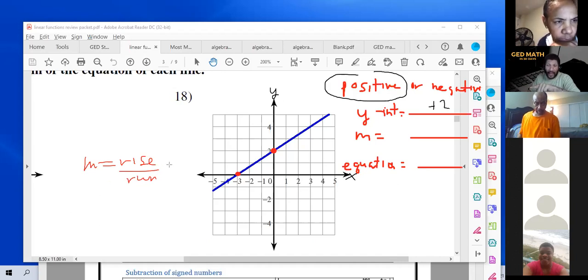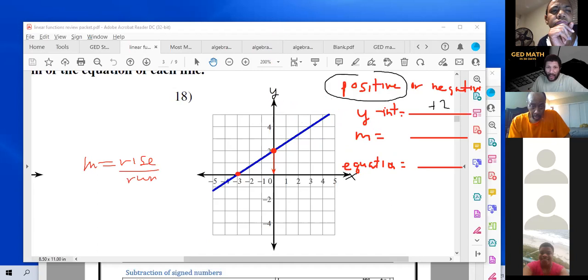So you're going to do the rise first. What direction do I need to go? Up? Okay, is that rising? If I go up, how am I going to get to that second point if I keep going up? No. So what direction do I have to go? Down. How many? 2.